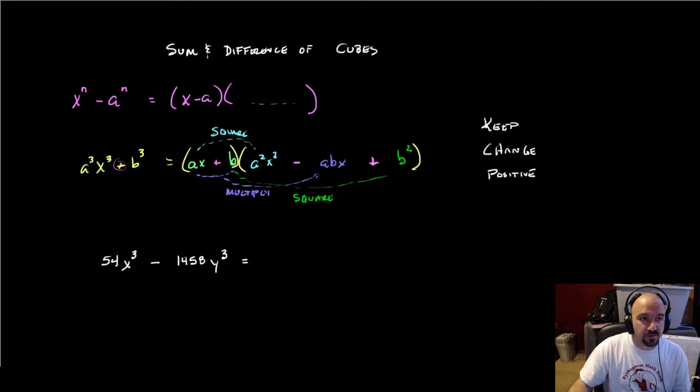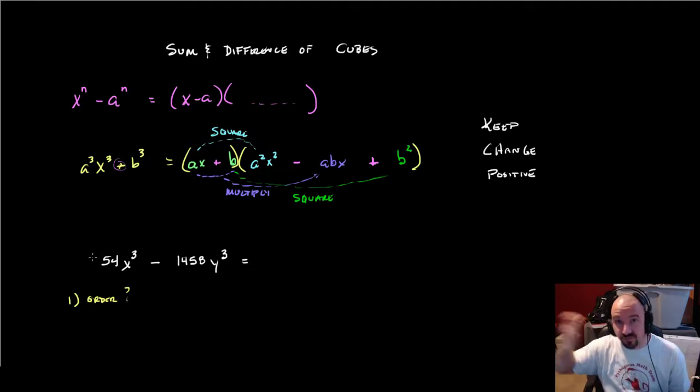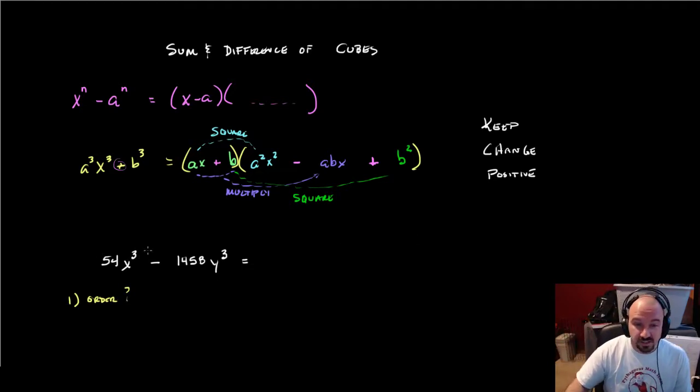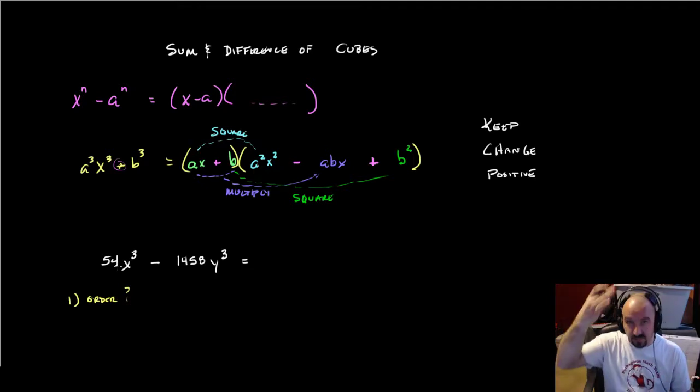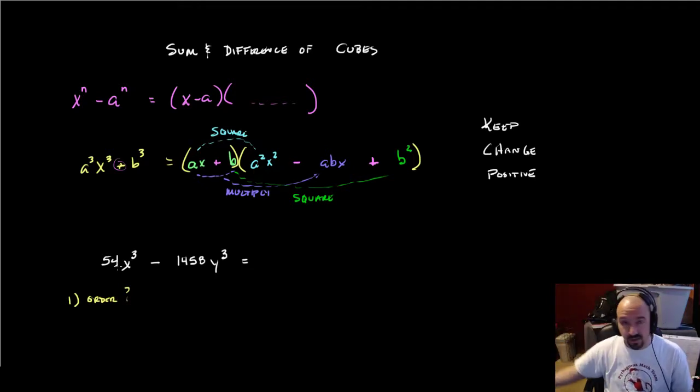Okay, well, step one, is it in order? And by order I mean look at the exponents on the variables. Do they decrease as you move from left to right? And x is listed first, so let's talk about x first. So x goes to cubes and then nothing. So it does decrease as you move from left to right.